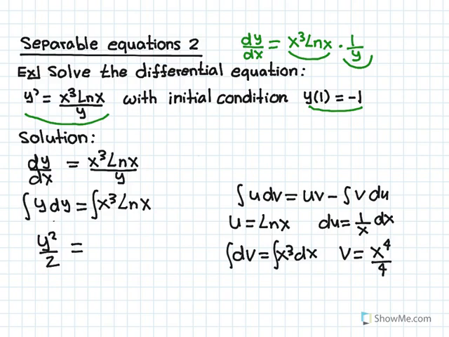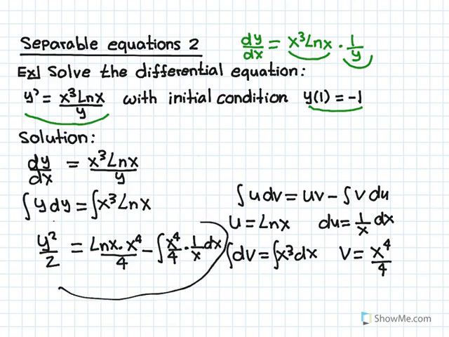All right, so we get y squared over 2 on the left-hand side. On the right-hand side, we get u times v, which is log x times x to the 4th over 4, minus integral v du: x to the 4th over 4 times du, which is 1 over x dx. Okay, let's simplify this and integrate.